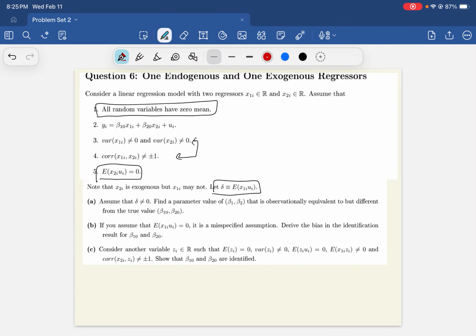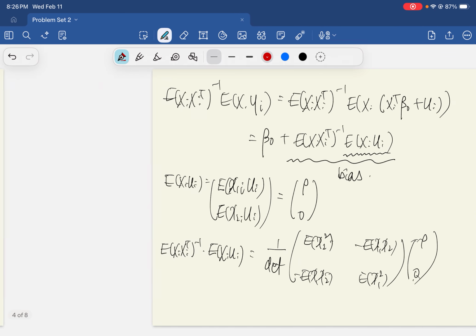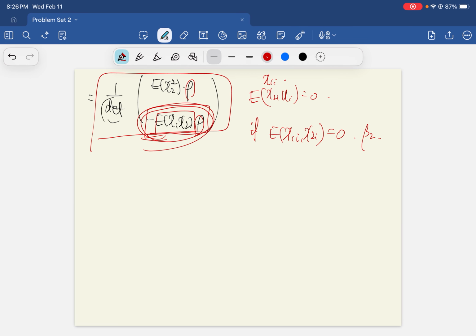Okay, this is part B. And let's finish with part C. We introduce an instrumental variable, and there are many ways to utilize the instrumental variable. You may use the moment condition approach, or you may use the fitted value approach. But I prefer the moment condition approach. It is more generalizable.